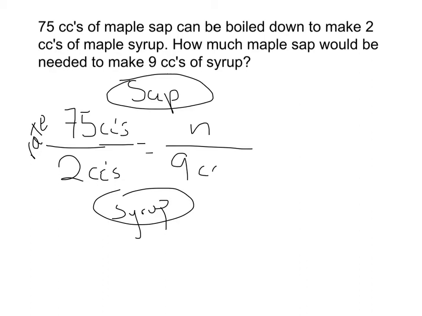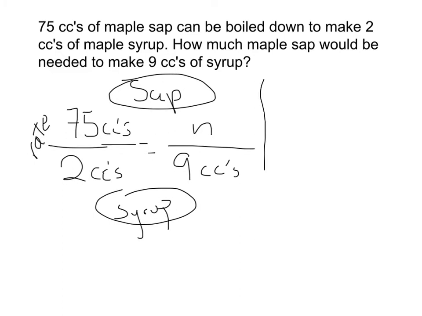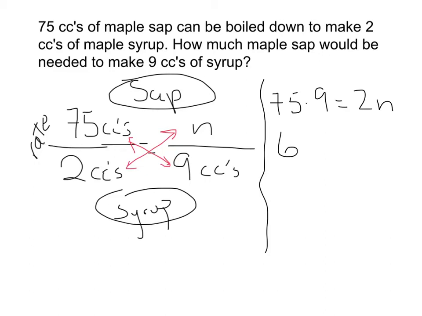And so to complete our proportion, it looks like this, and we're comparing sap on the top to syrup on the bottom, and so when we solve this and get an answer, we will have cc's of sap. Once again, cross multiplying provides us with 75 times 9 equaling 2n. 75 times 9 is 675, and that again still equals 2n.